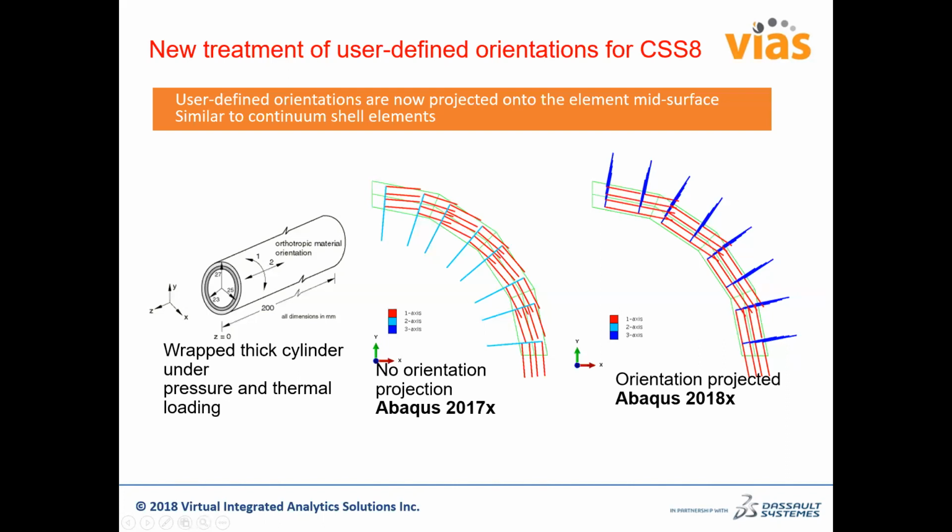Now these normals are projected at the mid surfaces of the elements. One advantage is that this ensures that fewer elements can be used along a curved surface. And these normals are again radial as well as normal to the surface of the element.